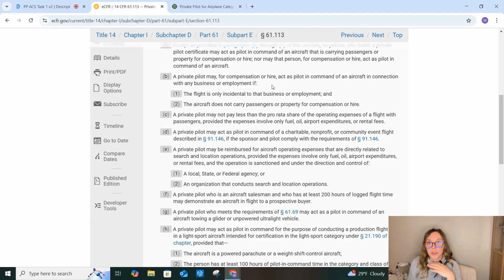You work there for a couple days for a meeting, and then you drive your car back and your company reimburses you for the mileage and gas on your car. And now you have your private pilot license. Let's say you also bought a plane or you are renting a plane, but you have your private pilot license and your employer is going to reimburse you anyways.